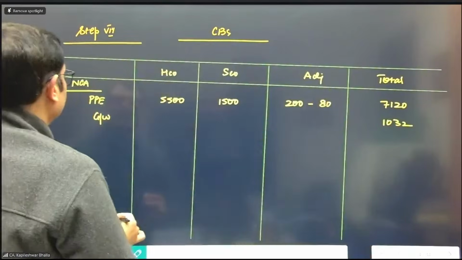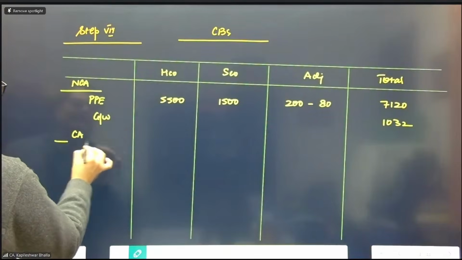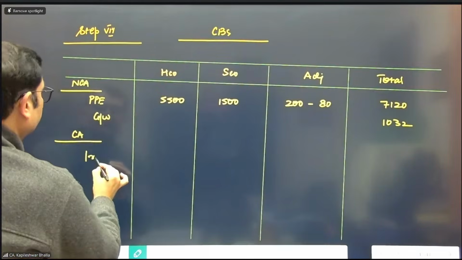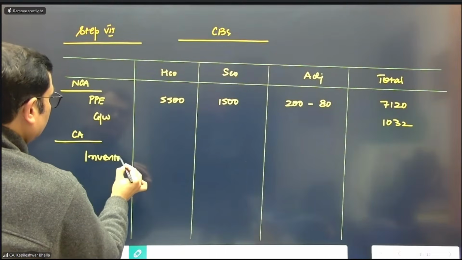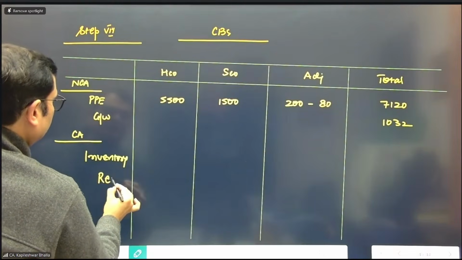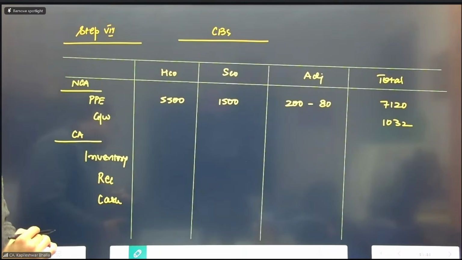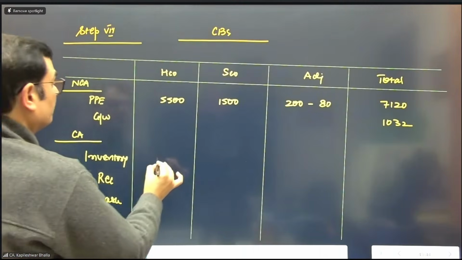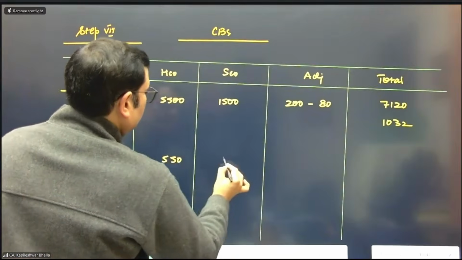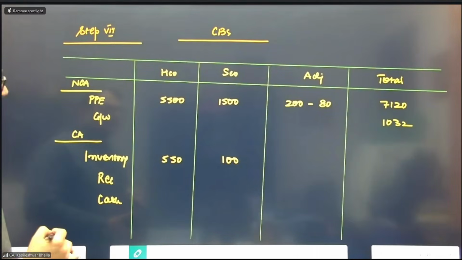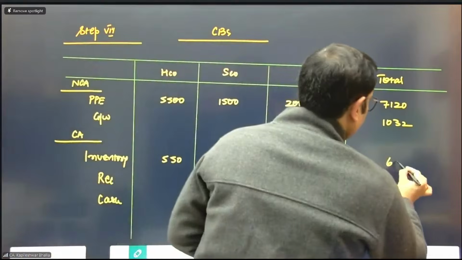1032. And then we take care of the current assets: inventory, receivables, and cash. Inventory is 550 and 100. There was no fair value adjustment, and I think there is no stock reserve, nothing. It comes to 650.